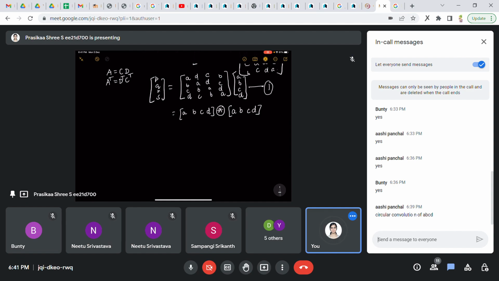Now, if you take DFT on both sides, they are asking what is the DFT of the vector PQRS.